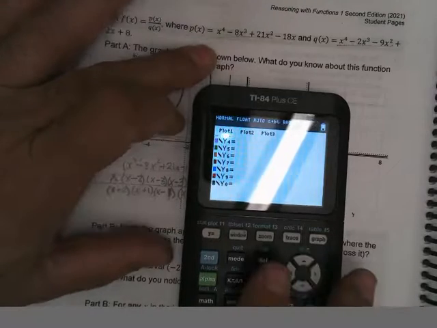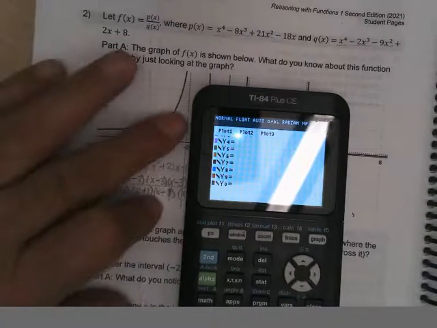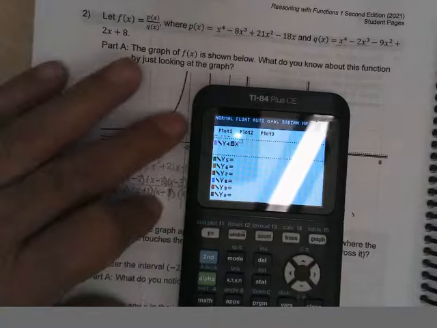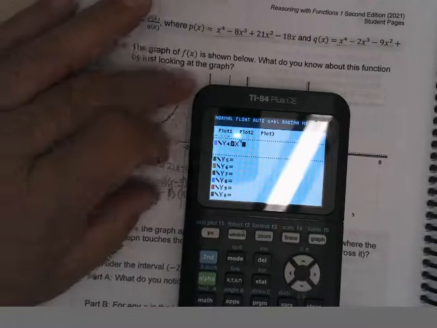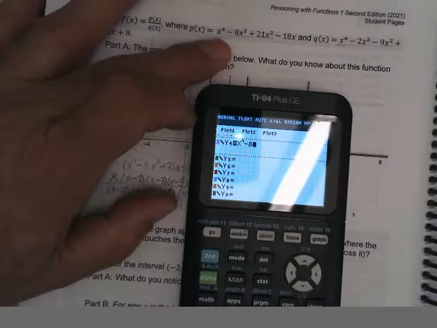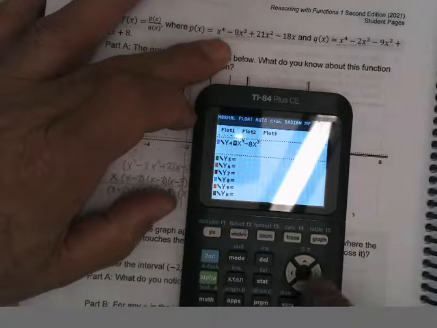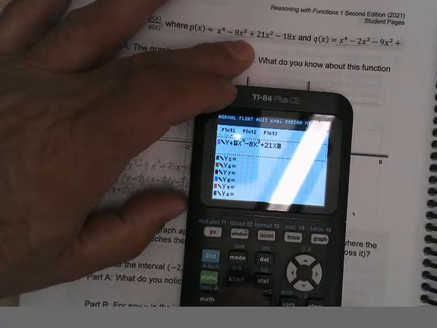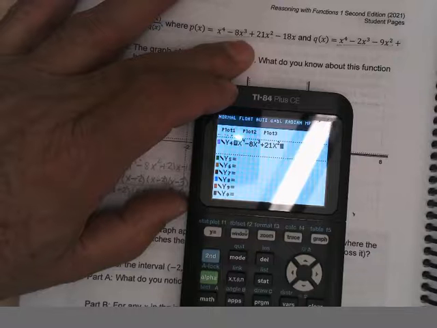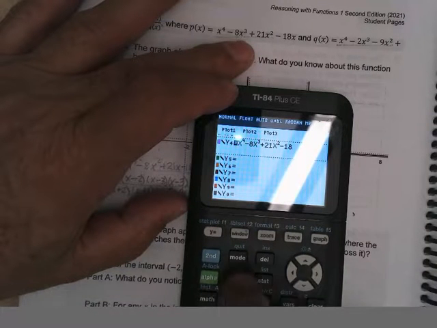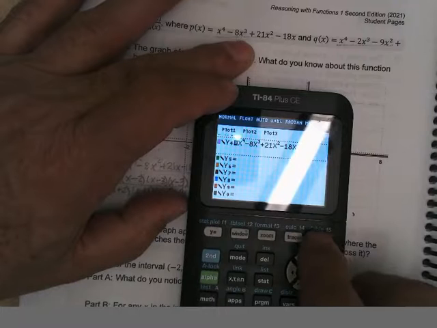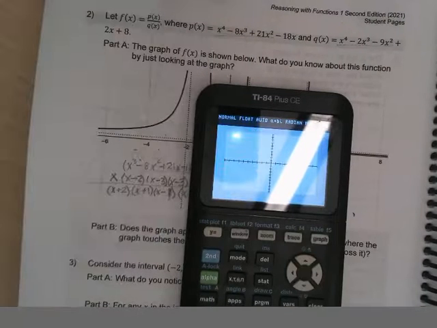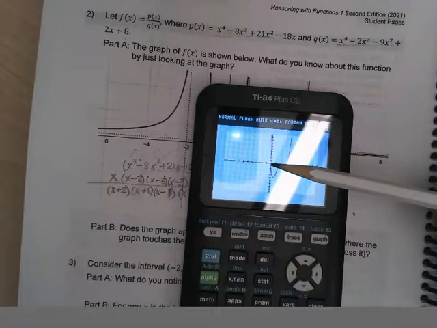Okay, so I'm going to go back up here and type in x to the fourth minus 8x to the third plus 21x squared minus 18x. And if I graph that on Zoom 6, it's what I anticipated.